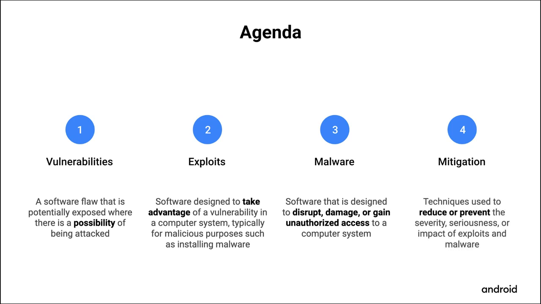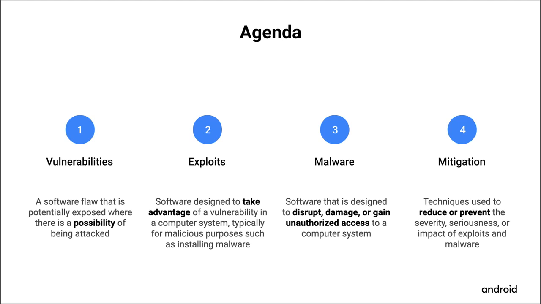And then finally, mitigation. How do we stop all those different layers from hitting a device? How do we stop malware, number one, from getting on the device? If malware does get on the device, how do we prevent the exploit from taking place? And if an exploit does take place, how do we limit what that exploit can actually access? And that's with these mitigations, right?